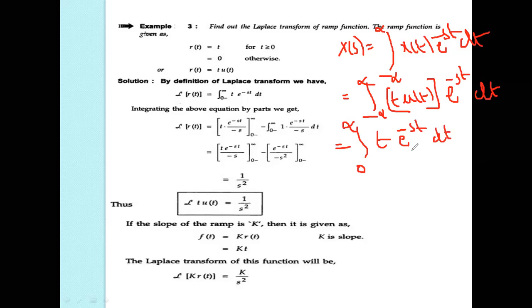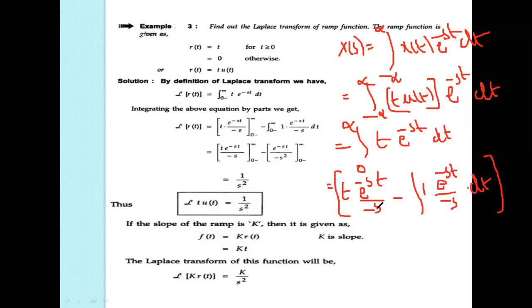Now by using integration by parts: t into the integral of e power minus st, which is e power minus st by minus s, minus, again the integral of the derivative of t, which is 1, into e power minus st by minus s dt, with limits from 0 to infinity.